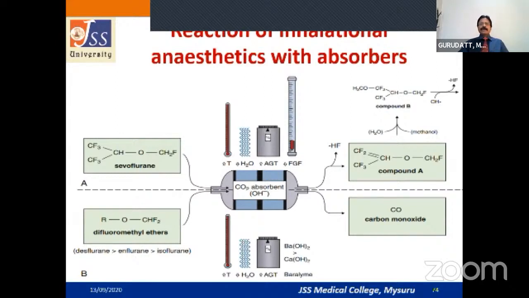But if you are having 2 MAC-hours, you can still go up to 1 liter. So that is a caution that is given. 1 MAC-hour is 1 MAC multiplied by the number of hours of use. That is, if you are using 0.5 MAC, then 2 hours will be 1 MAC-hour. So maximum, when you go for 1 liter fresh gas flow, you can use it for 2 hours. That is the caution for sevoflurane.